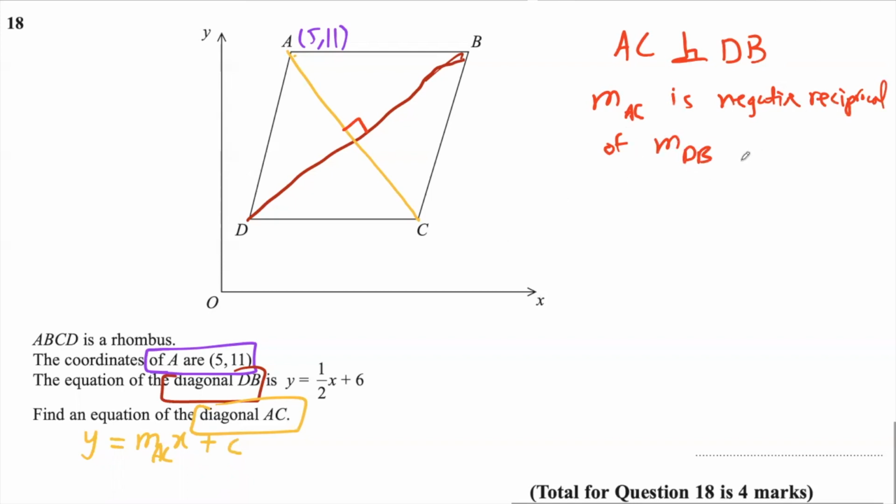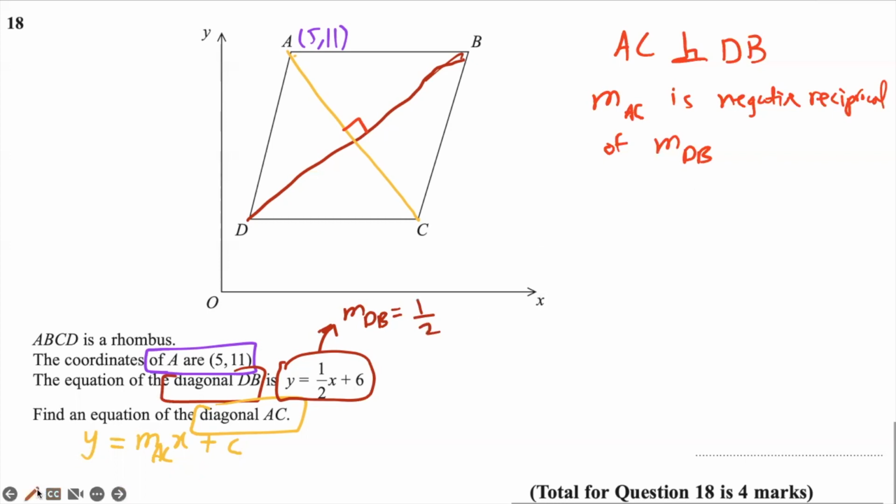And we can get the gradient of DB from the equation of the diagonal DB. It's y equals 1/2 x plus c. The coefficient of x is 1/2, so the gradient of DB is equal to 1/2.